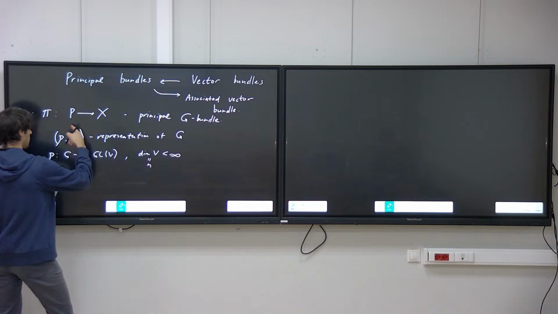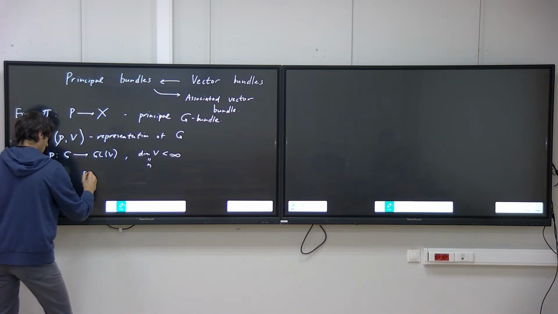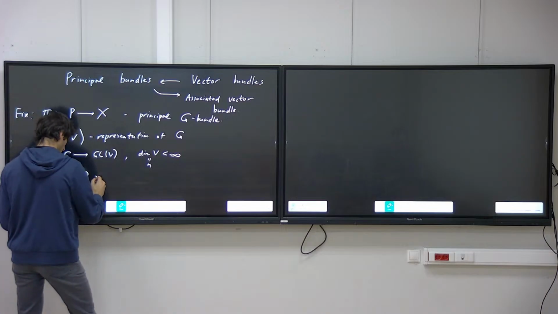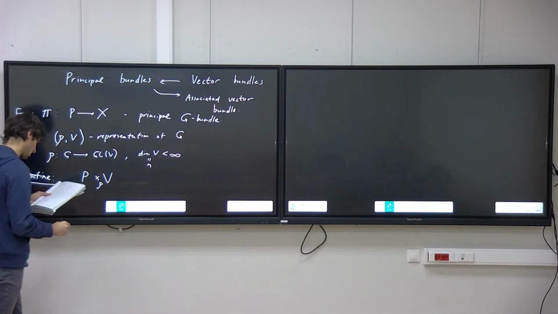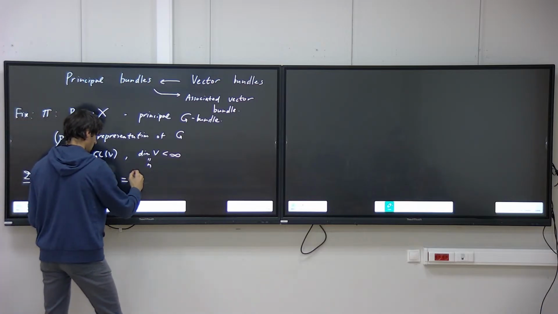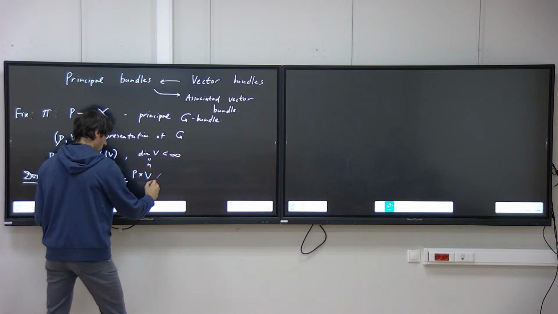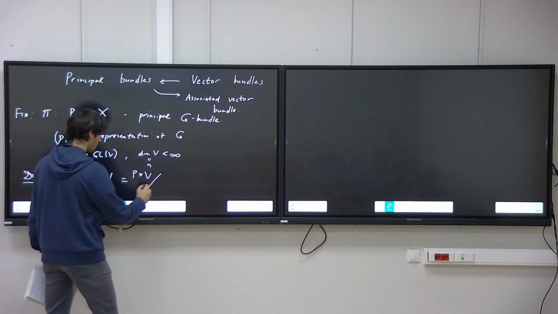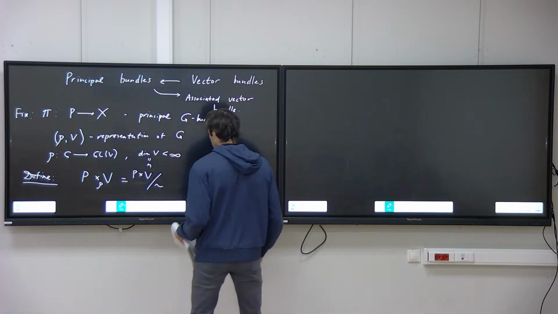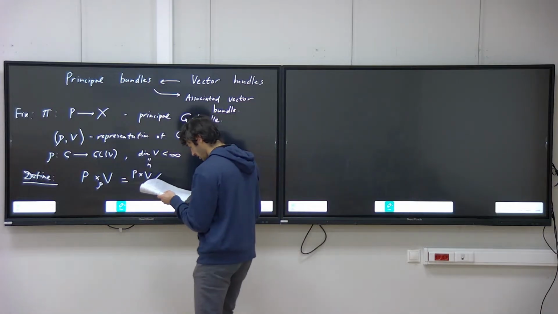The notation will be: my principal bundle is P, and I multiply it by V over G. So what does it mean? It means that I consider the direct product and glue some points. The equivalence relation is the following.